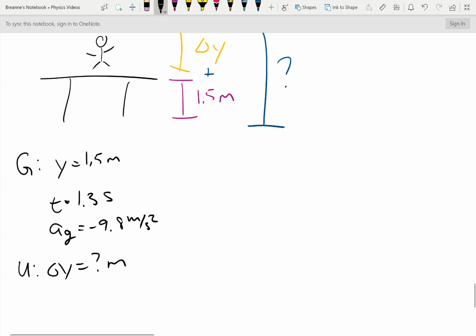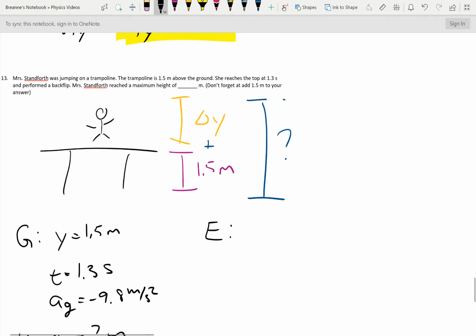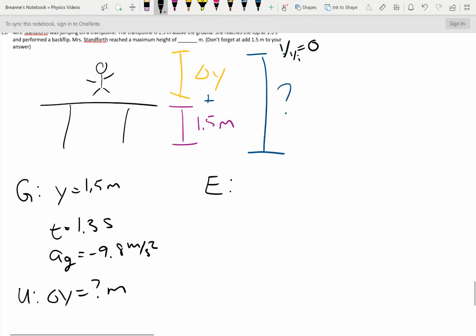So the equation we're going to end up using, because her velocity at the top, if she jumps and does a backflip, your velocity at the top is 0. So we can make that our initial velocity. So delta y equals initial velocity in the y times t plus 1/2 a t squared.